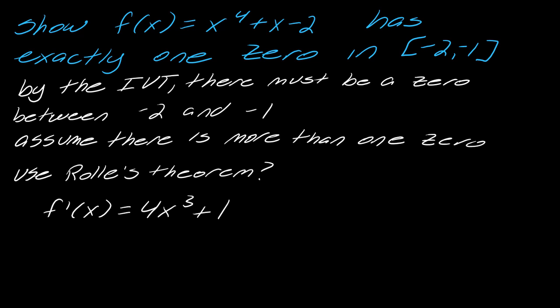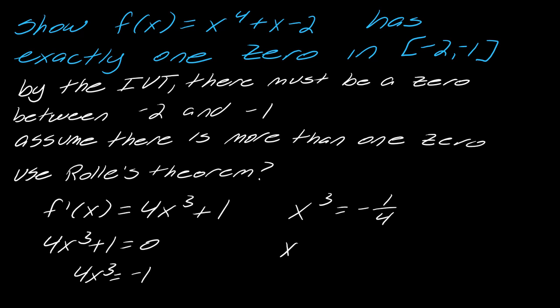Rolle's theorem tells me that I have to have a value where this derivative would equal 0. So if I set this guy equal to 0, then I totally can solve this actually. This is not a problem. So I get that x is equal to the cube root of -1/4. That exists, it's some decimal, but the thing is that this totally exists.